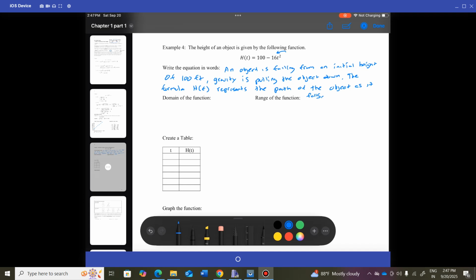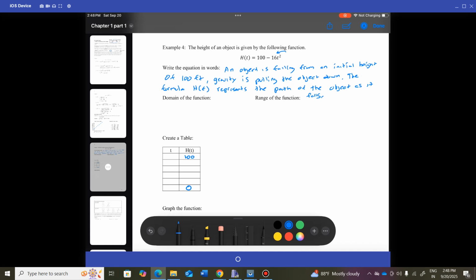All right. So with this, we're going to start the height at 100, and eventually it's going to hit the ground. So height being 100 is the first point, and then hitting the ground is also a very important point, but we're going to want other points as well. That helps determine the domain and range.